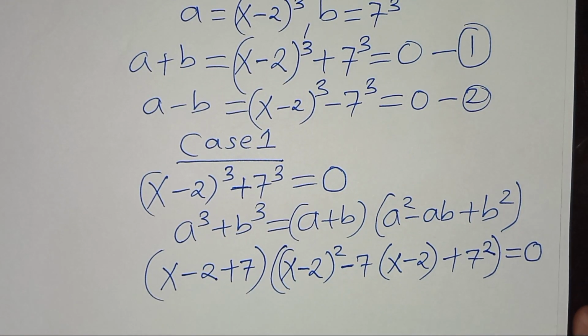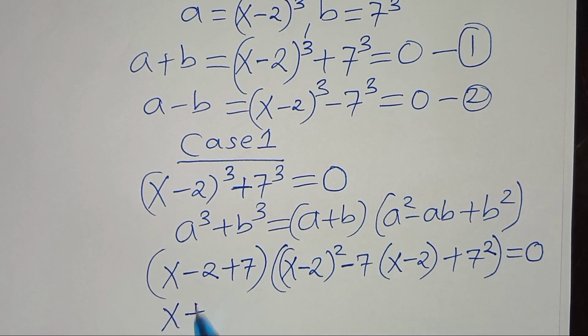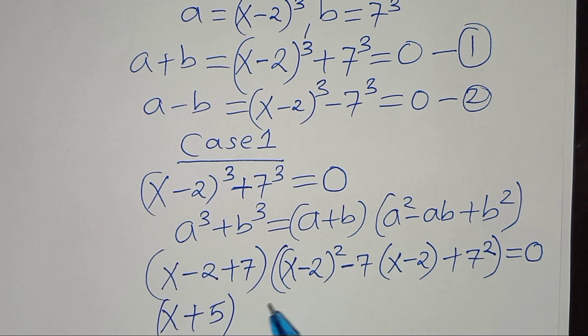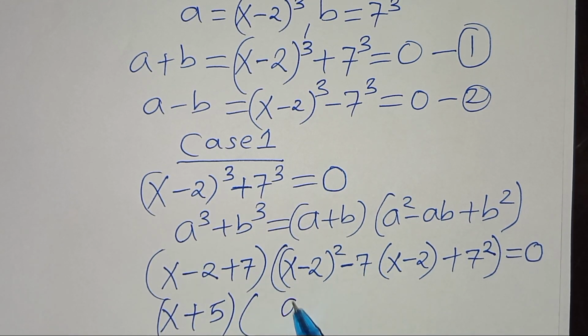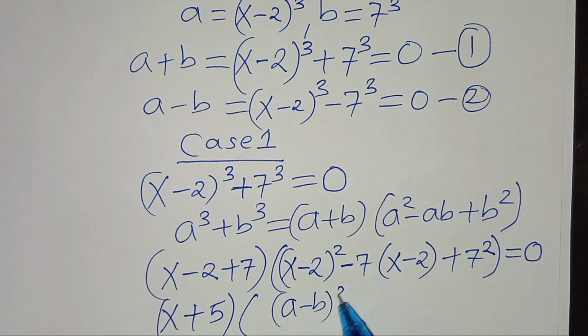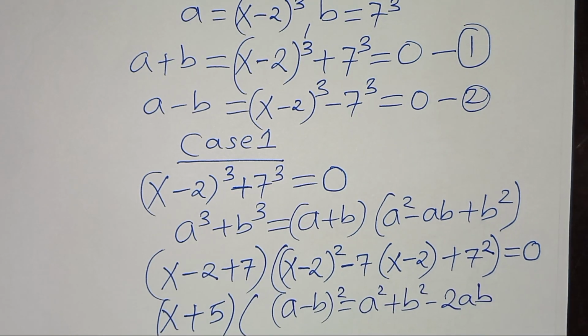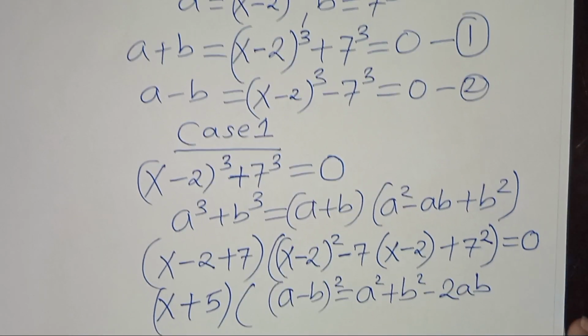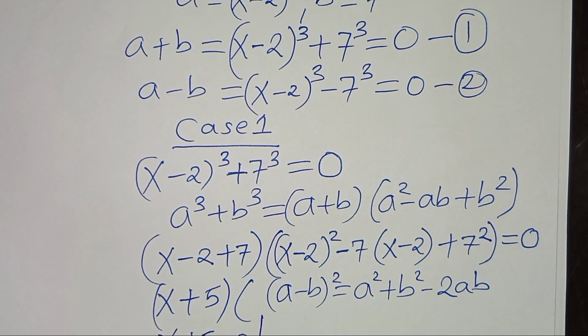The next step here, we have that x − 2 + 7 is the same thing as x + 5. And then here we have (x − 2)^2, which is in the form of (a − b) squared, which you can express as a squared plus b squared minus 2ab. So applying this algebraic identity, the first part here is x + 5 = 0.